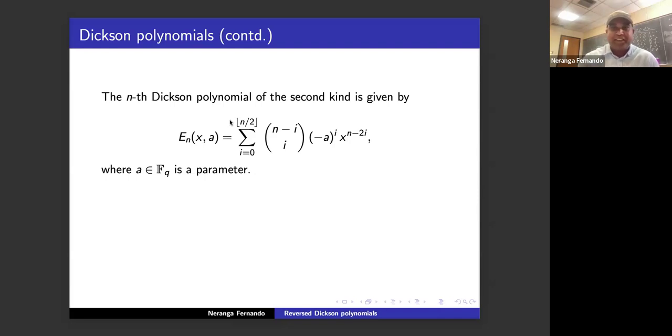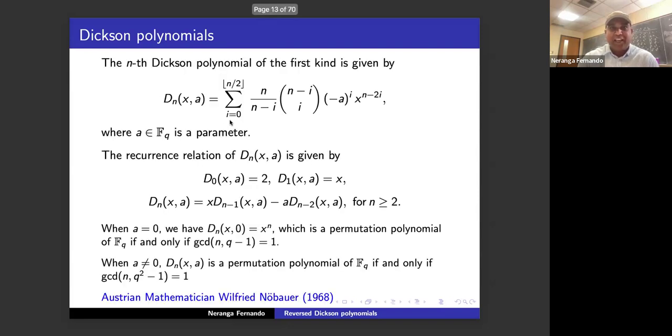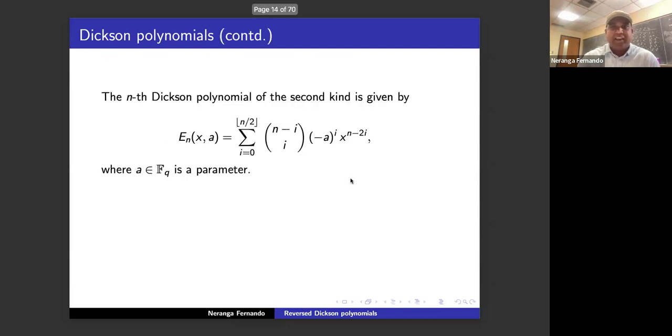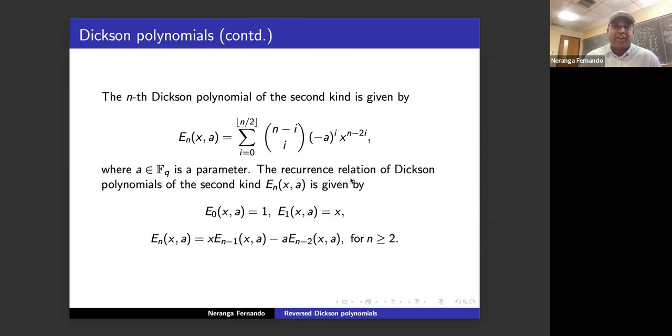If you compare this explicit expression to the previous one, the n over n minus i term is missing. And if you take a look at the initial conditions, the second kind also satisfies the recurrence relation, but the initial conditions are different.